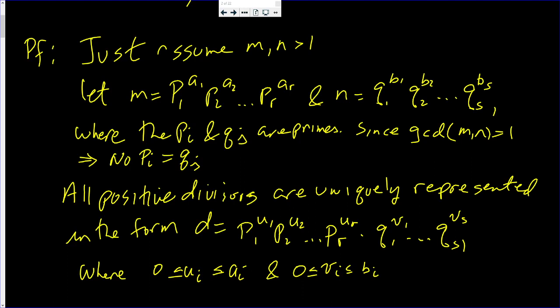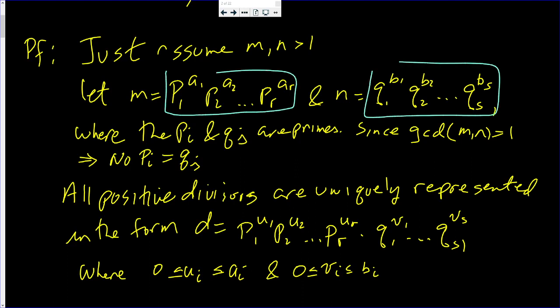It's going to be this times this, where these powers can be anything from 0 up to a1, up to a2 for the base p sub 2, up to a sub r for this power. That's what every divisor is going to be of the form.